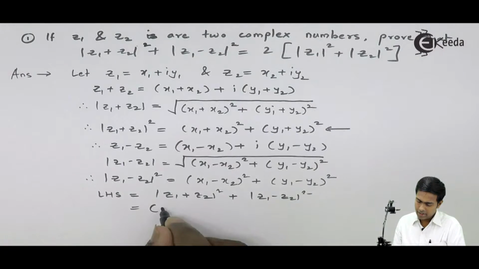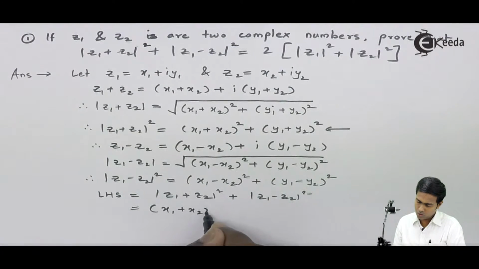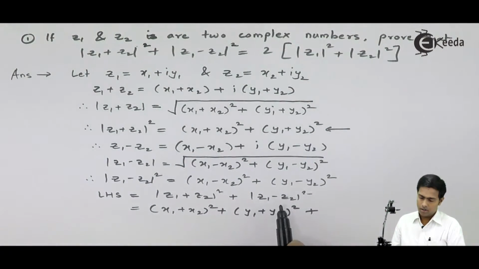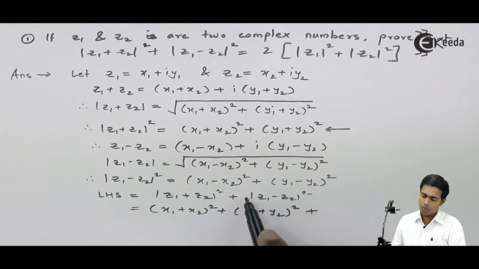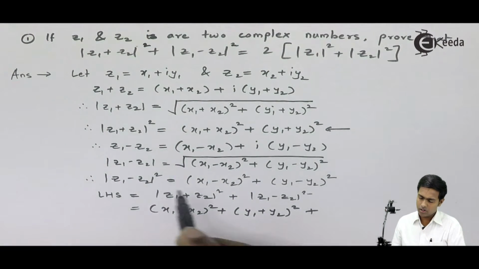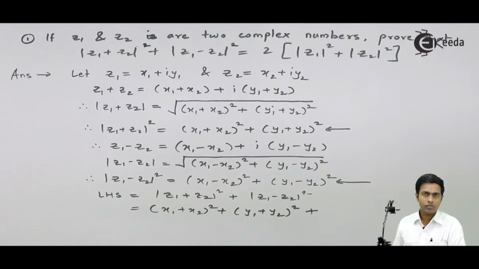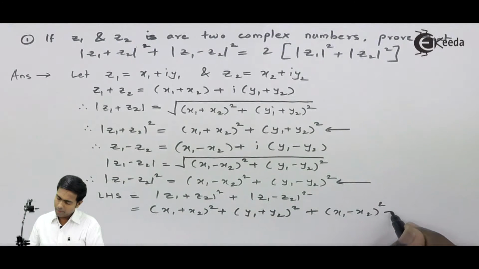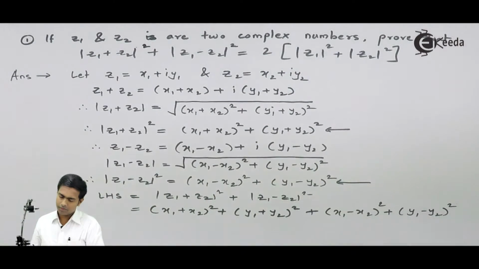We will get x1 plus x2 the whole square plus y1 plus y2 the whole square. Similarly, for mod of Z1 minus Z2 the whole square, we will use this value. So we'll get x1 minus x2 the whole square plus y1 minus y2 the whole square.